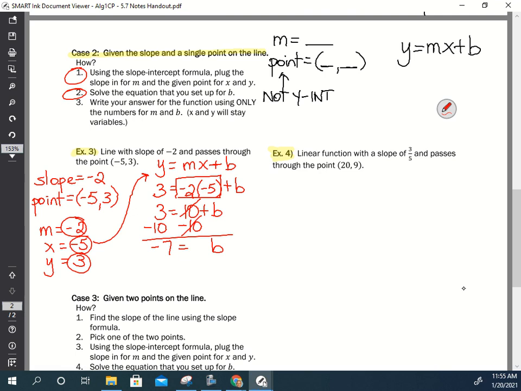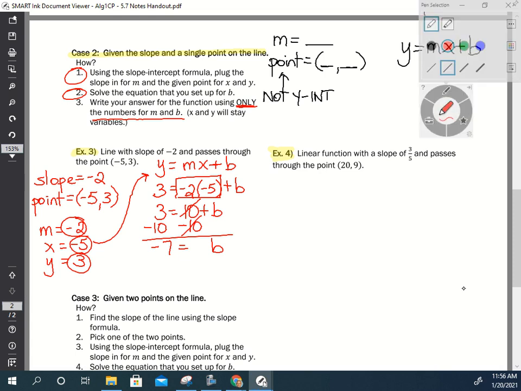All right, so step 3. Write your answer for the function using only the numbers for m and b. x and y will stay variables. So when you write your answer, the only two numbers that go back in the formula are the m and the b.